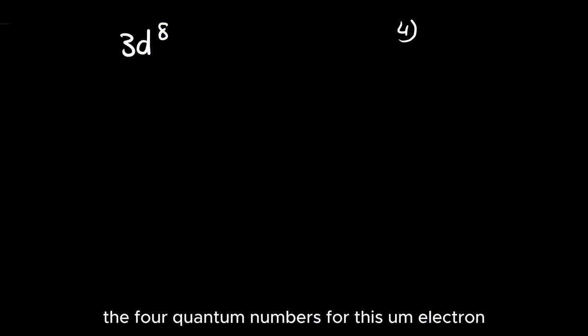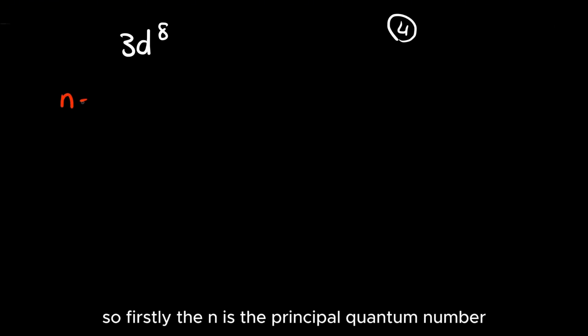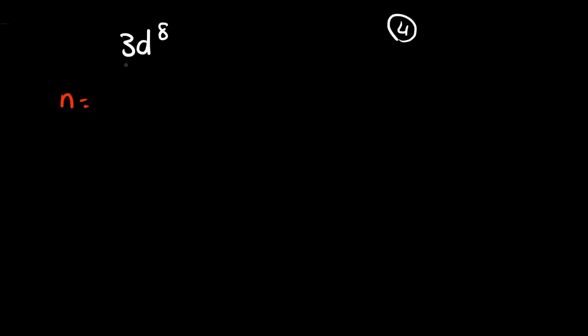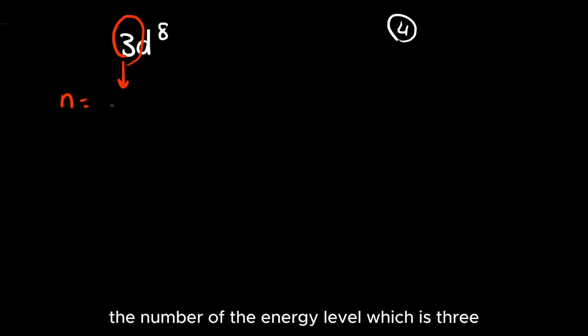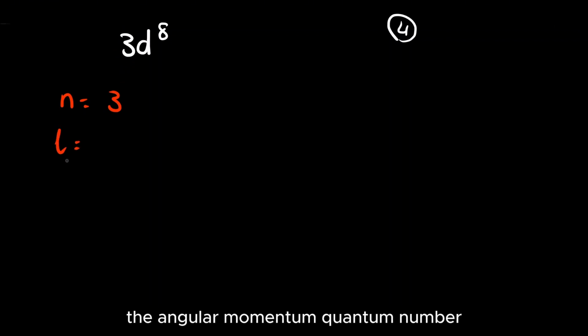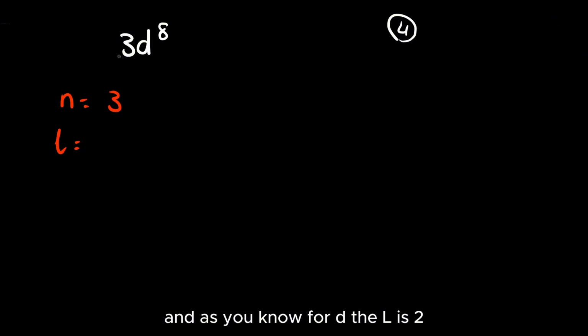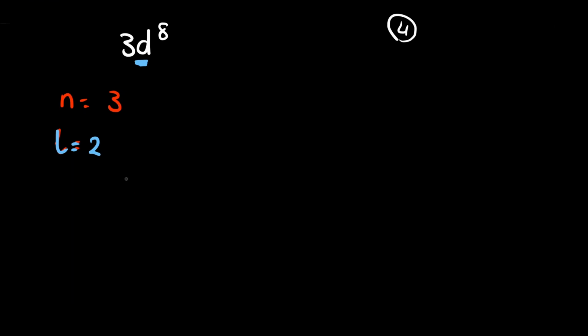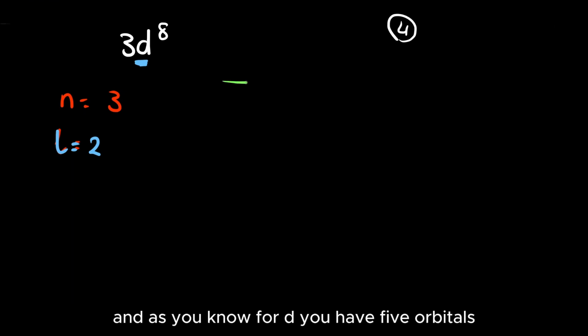Now let's see this example. We have 3d8. We need to get all the 4 quantum numbers for this electron. So firstly, the n is the principal quantum number, the number of the energy level, which is 3. Second one is L, the angular momentum quantum number. And as you know, for D, the L is 2. And as you know, for D, you have 5 orbitals.